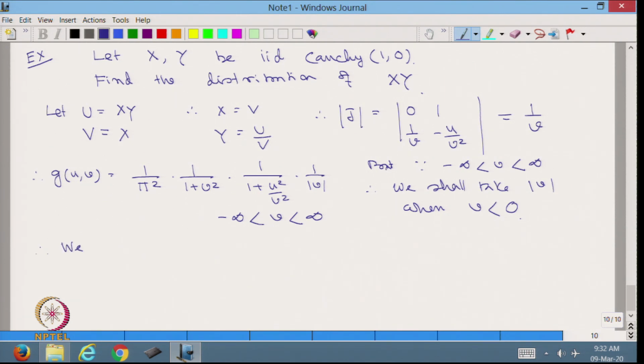Therefore, we integrate out v to get the PDF of u.